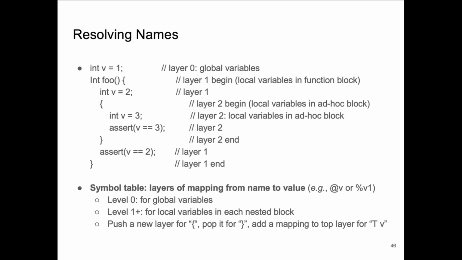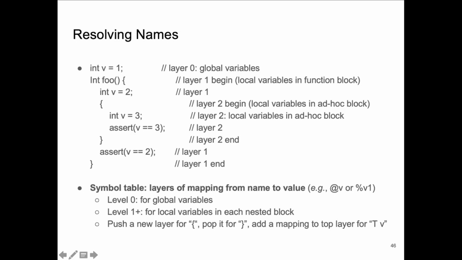This is basically a list of layers of mappings from name to value, where each mapping means that the variable v referenced in the code should resolve to some value or some register that is holding the pointer to the local allocations or global allocations. So here layer 0 or level 0 is for global variables. So that's the meaning of this layer 0. It is declared as a global variable.